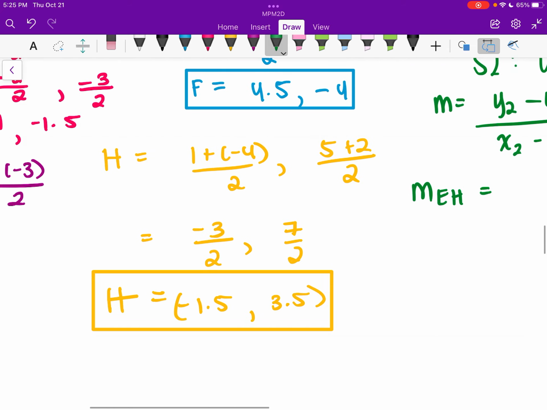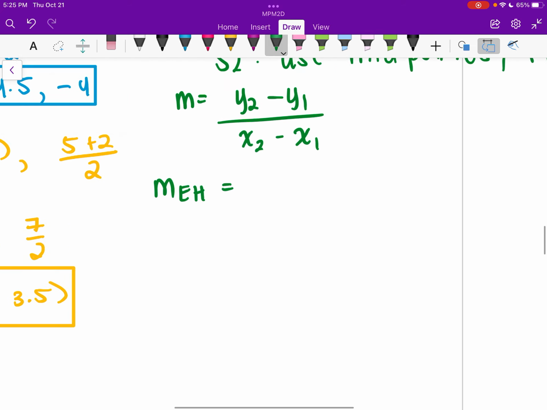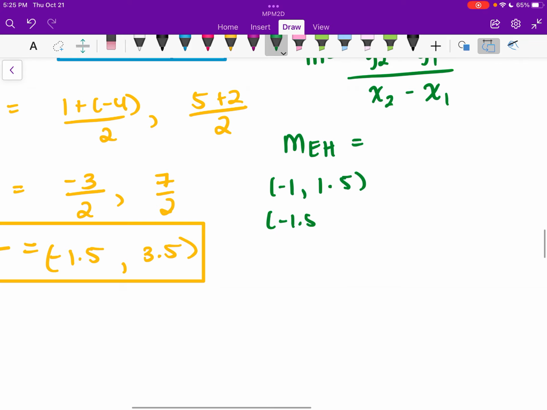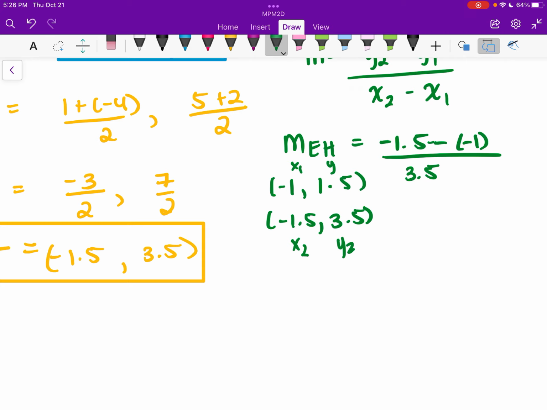You're going to take the coordinates for E, which are negative 1 and 1.5, and for H, which were negative 1.5 and 3.5, and you're just going to put them into the equation. So for E, H, I ended up doing negative 1.5 minus negative 1 over 3.5 minus 1.5.